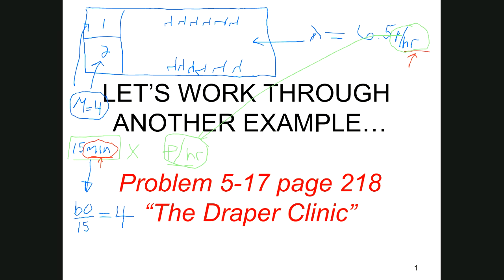This is an area right off the bat where students are going to make errors, so be very careful about this, expressed as a rate. This is, again, 4 patients per hour. There's one other thing I want to mention.